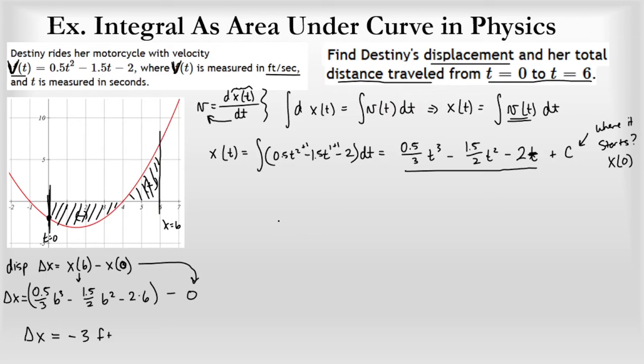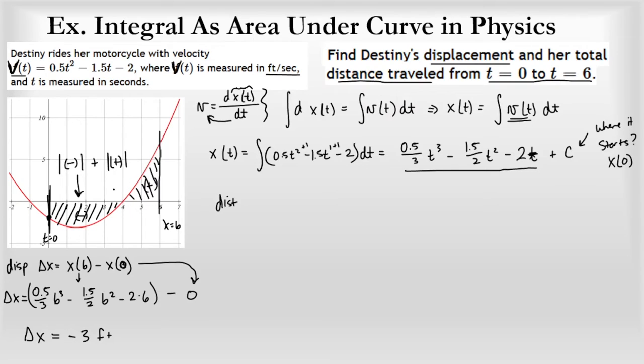Okay. To find the distance traveled, I think this is going to be a little bit harder because if I want the distance traveled, what I want is this negative area, the absolute value of this negative area, and then add on the absolute value of the positive area, right?